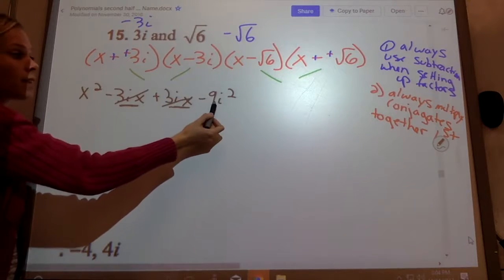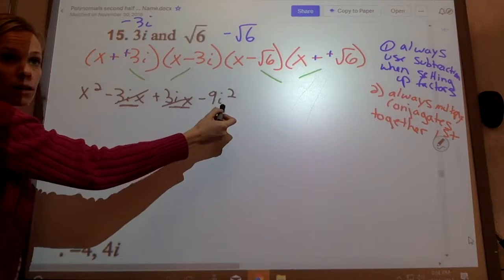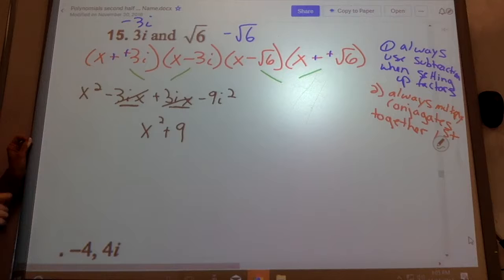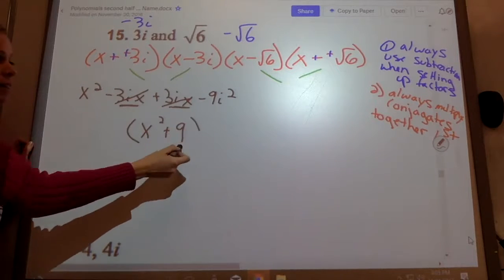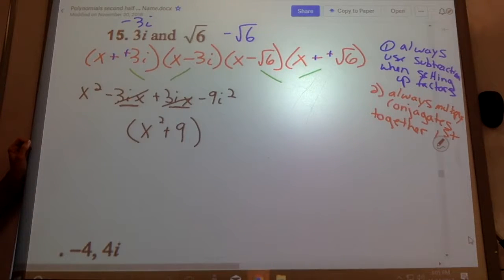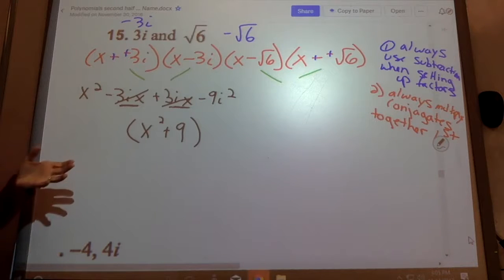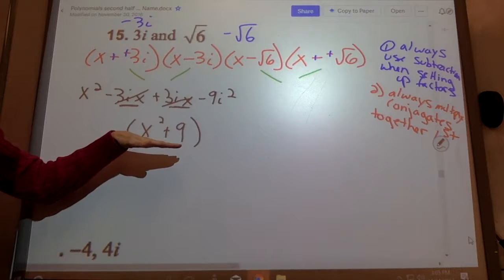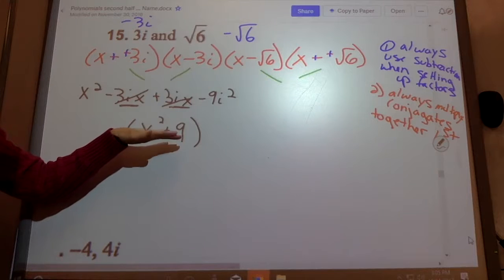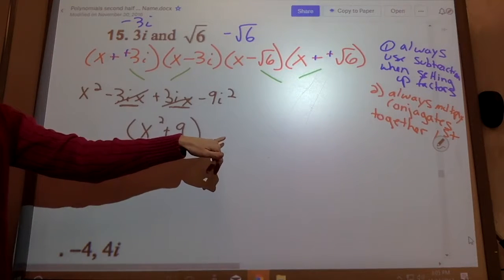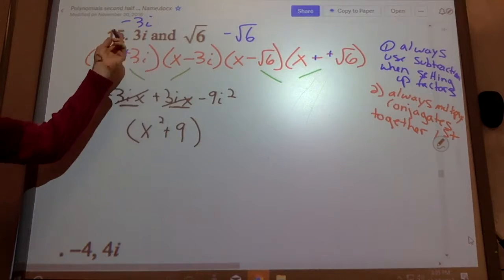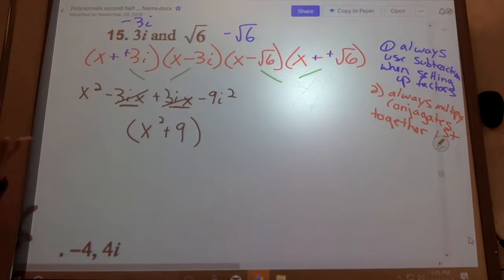So really, this is negative 9 times a negative 1, which would be positive 9. So multiplying these two together, I get this. Right? And if you think about it, I've been challenging you a lot to do this in your head. If you ended up with this as a quadratic and I said solve this, what would you do? I would subtract 9 and square root both sides, and what would my roots be? Plus or minus 3i. Okay, so that works.